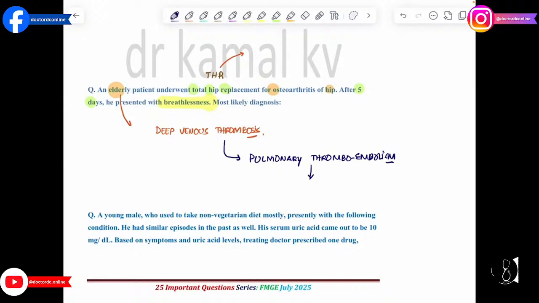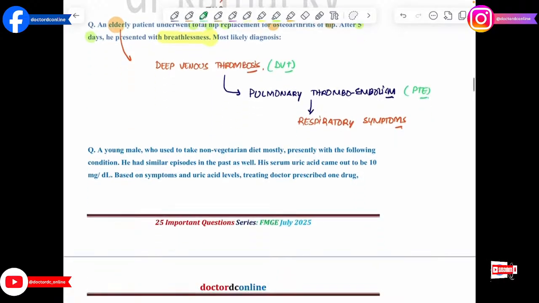So this presents classically with respiratory symptoms like dyspnea, tachypnea. Clear? So this is DVT leading to pulmonary thromboembolism. Next question.